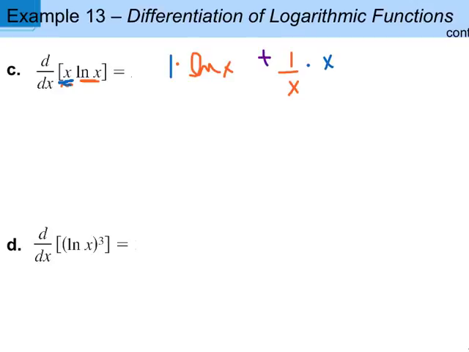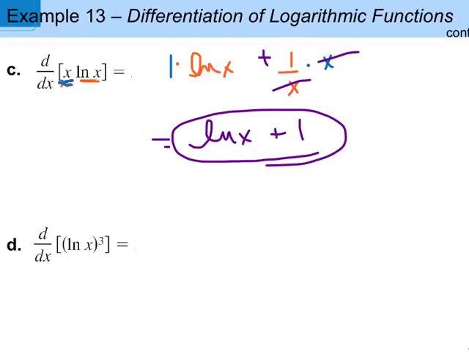So that's your product rule: f prime of x times g plus g prime of x times f. Now just simplify your function as much as you can. So this is just going to equal the natural log of x, these cancel, plus 1.